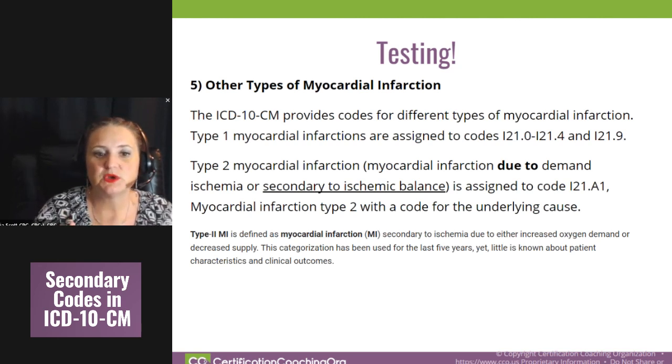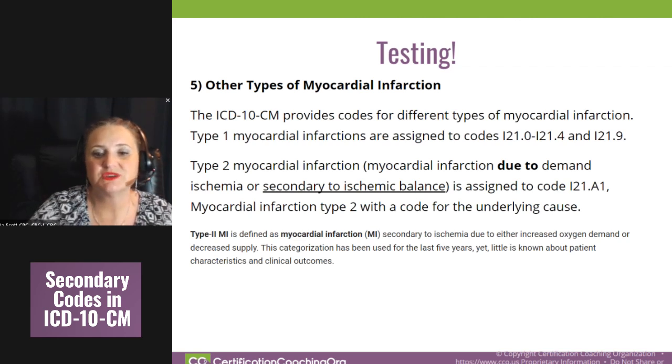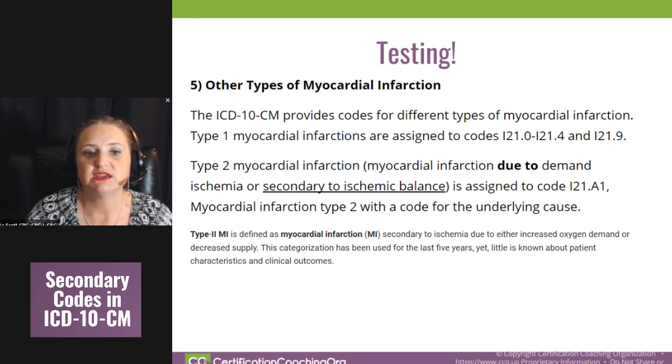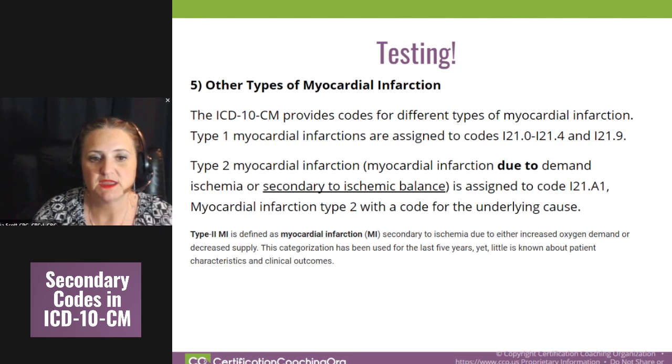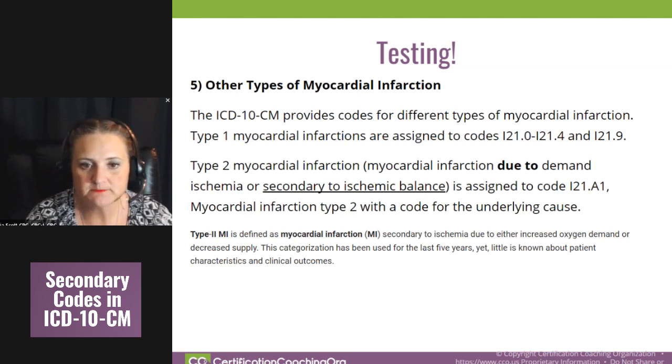They have emphysema. It also says this category has been used for the last 5 years, yet little is known about a patient's characteristics and clinical outcomes. The reason it's stating that is because of where I got that information. It was provider information explaining provider documentation about type 2 MIs.